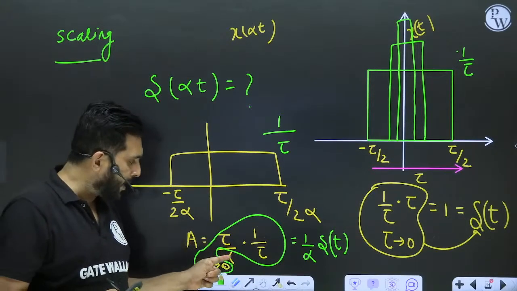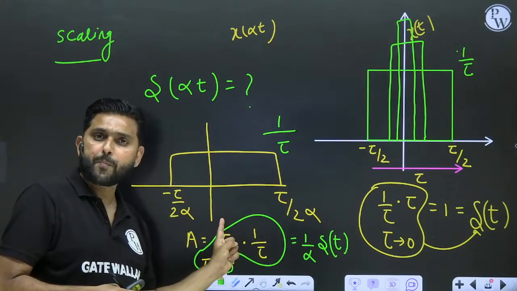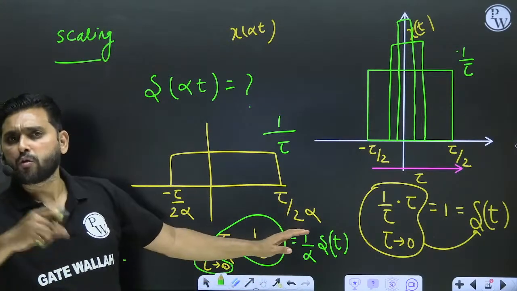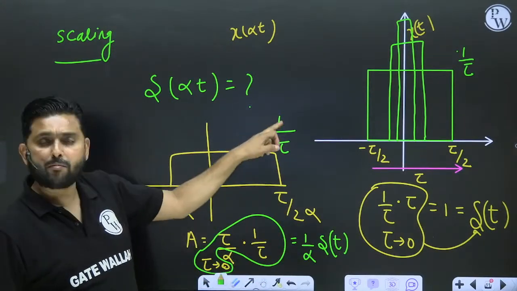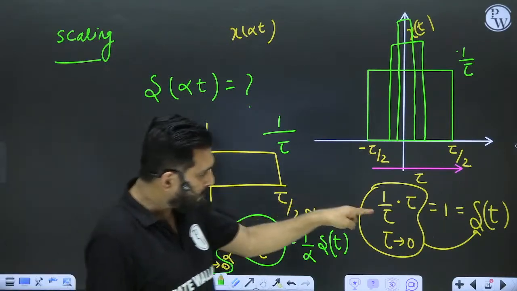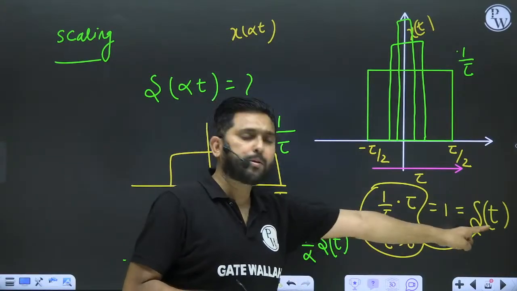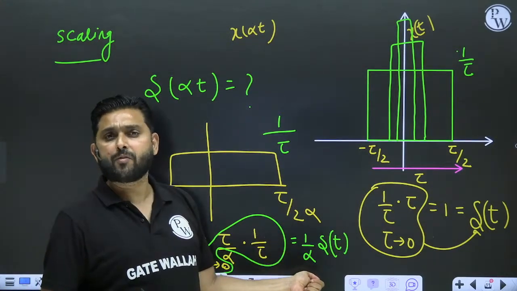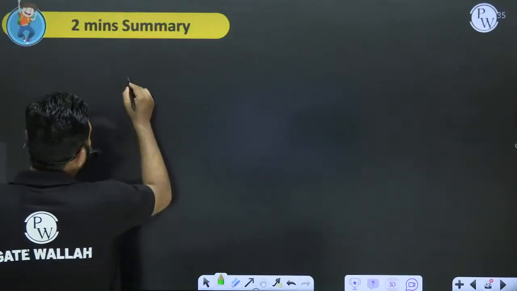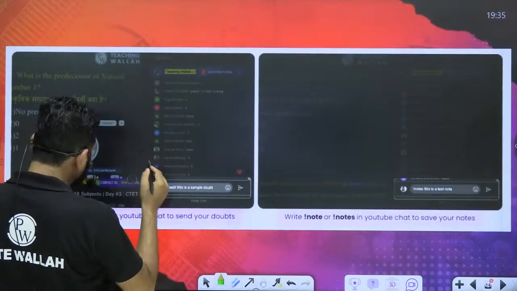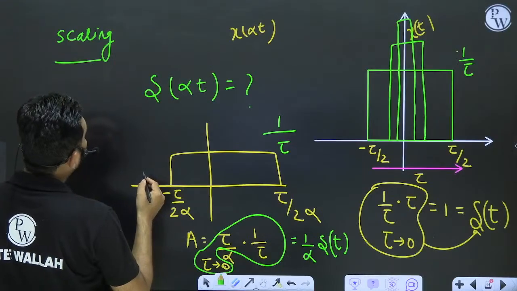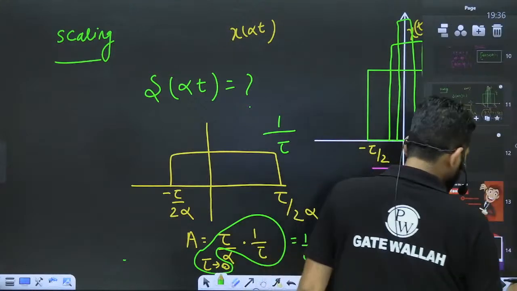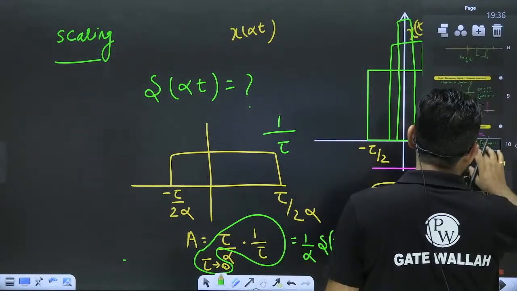Total width becomes tau by alpha. It is 2 tau by 2 alpha, so 2 cancels, tau by alpha is the width, and height is 1 by tau. Now 1 by tau into tau with tau tending towards 0, I am denoting it by delta t. So let's call the whole thing delta t, but the 1 by alpha term will come into the picture.